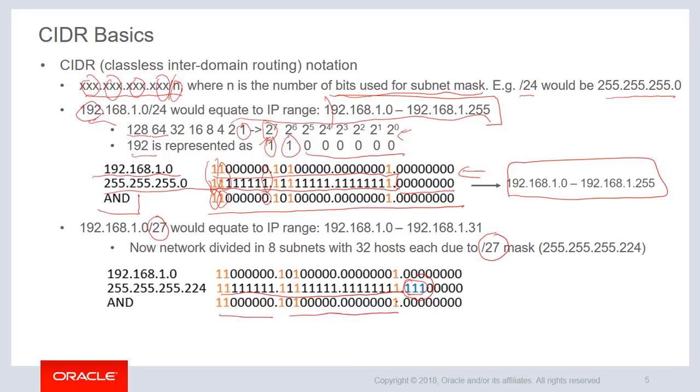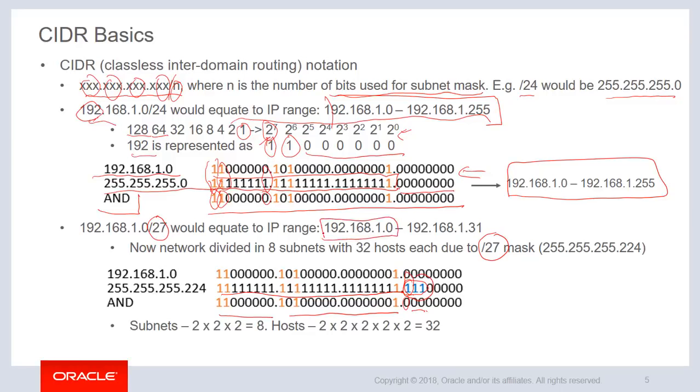Now these 3 bits are 1, but remember we said logical AND means that the 2 entities you are doing AND on both have to be a 1, otherwise it's a 0, right? So 1 and 0 and 1 here is a 0, same thing here, 0 and 0. So this would equate again to this particular IP value here, right?